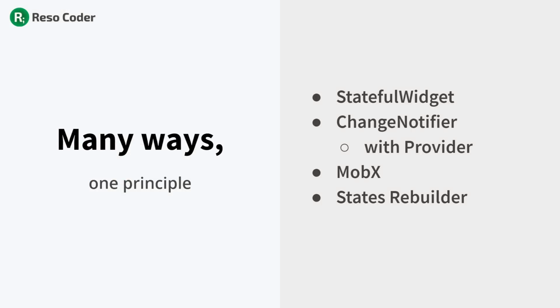Basically, whether you use StatefulWidget, ChangeNotifier, MobX store, or even a reactive model from States Rebuilder, you couple the fields which hold state, for example a Boolean field isLoading, with the class that's responsible for mutating the state.